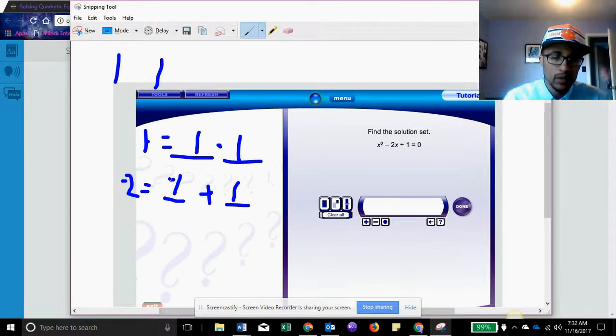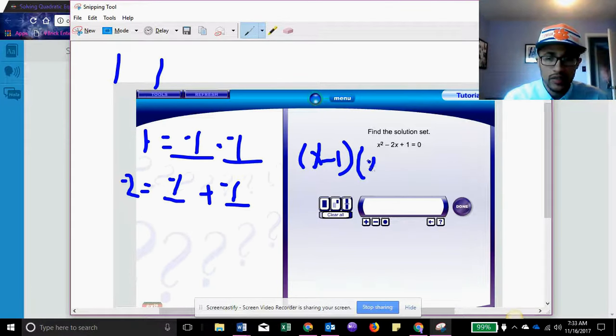So I could make these both negative because negative 1 plus negative 1 is negative 2. Go ahead and try it with your calculator if you're not sure. And then negative 1 times negative 1, well, that's positive 1. So we're good to go. Here we have x minus 1 in parentheses and x minus 1 in parentheses. Since they're both the same thing, we can just set that equal to 0.